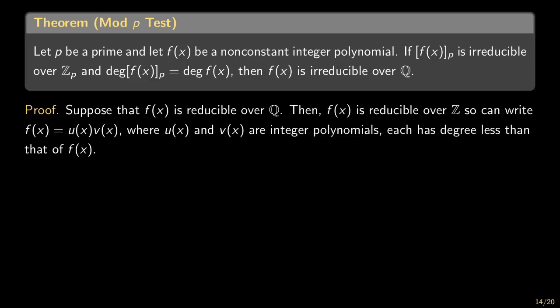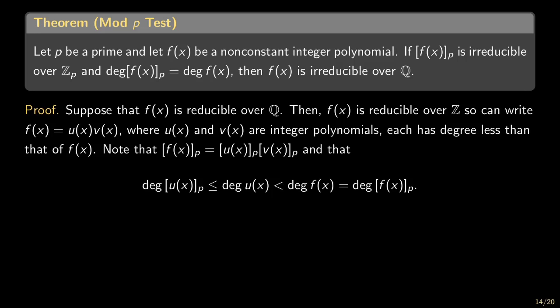Because according to the previous theorem, reducibility over Q means that I can write f(x) as a product of two non-constant rational polynomials. The previous theorem guarantees that if you can write it as a product of two rational polynomials, then you can also write it as a product of two integer polynomials. Each has degree less than that of f(x).